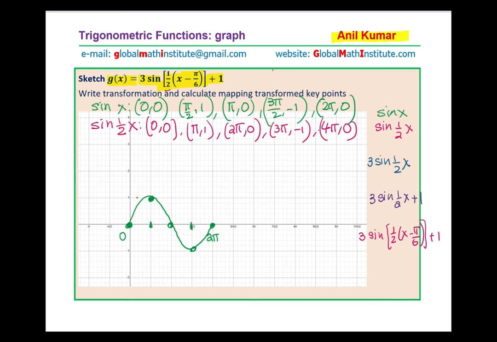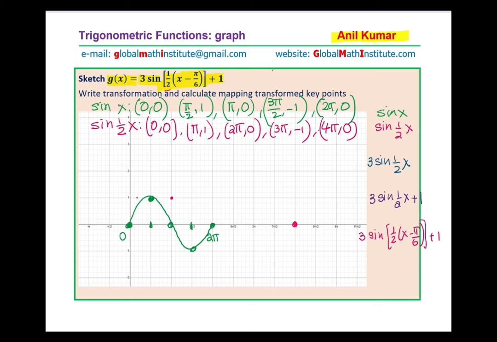So instead of ending at 2 pi, the graph now ends at 4 pi. Every value stretches right. The first point remains at 0 itself, so it is horizontally stretched, as you can see. Instead of pi by 2, the first peak comes at pi.